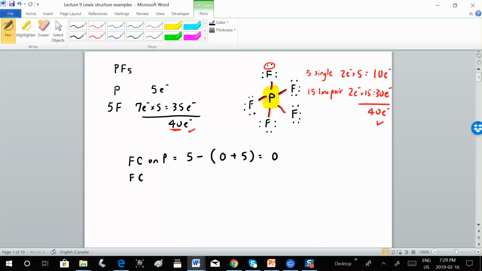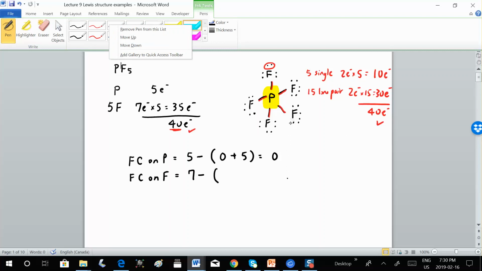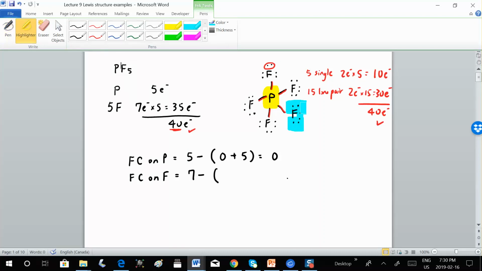Now let's move on to any of the fluorine. Valence electrons on fluorine is 7 minus number of non-bonding electrons on fluorine. So let me just use a different highlighter. I have 1, 2, 3, 4, 5, 6. I have a total of 6 non-bonding electrons surrounding fluorine, and there's 1 bond. So 7 minus 7 is 0.